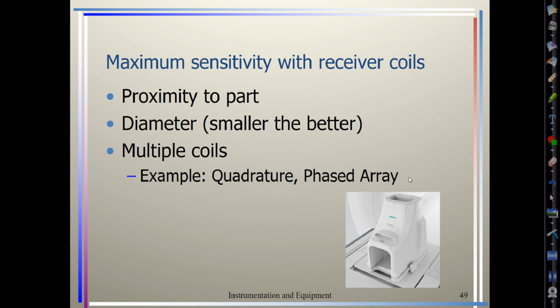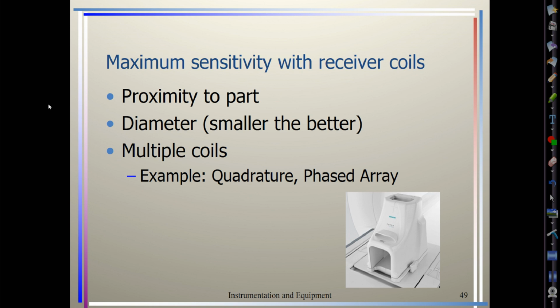Okay. And then you have all other types of receiving coils. So you have an ankle coil. You might have a dedicated coil for the wrist, the hand, the foot, the knee, the shoulder, right? You guys have seen all those coils in clinic. Those are receive-only coils, where you're just receiving signal.